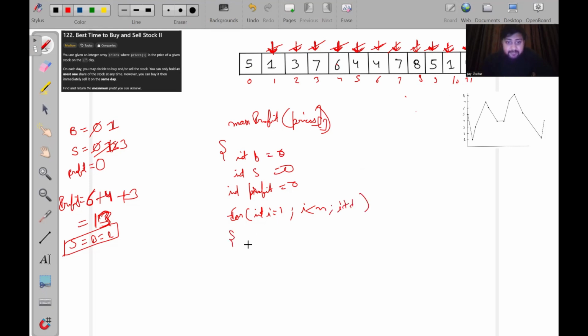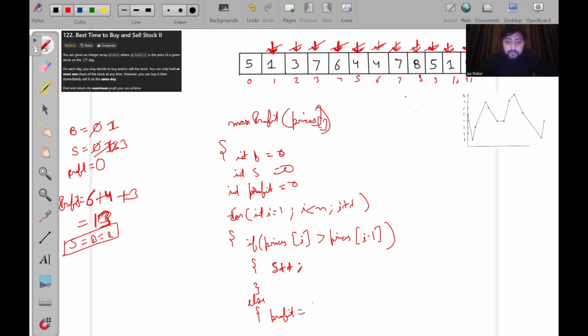And we will check the condition that prices of I is greater than prices of I minus 1. If this is the condition, we will simply increase the selling date. Else, if this is not the condition, we will first add this result into our profit.